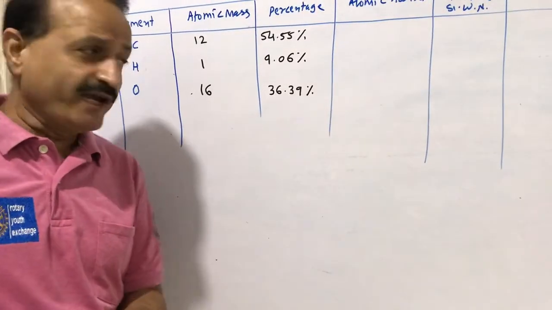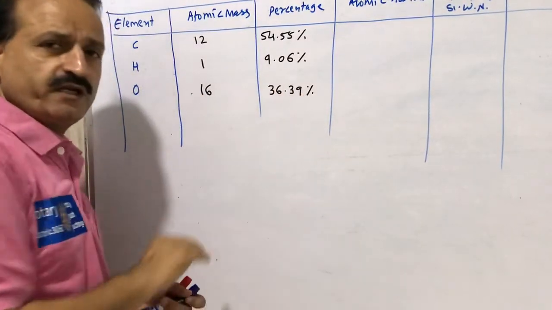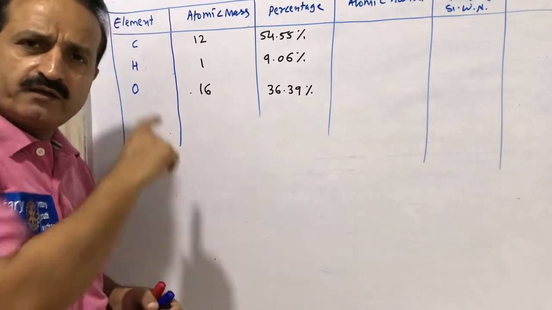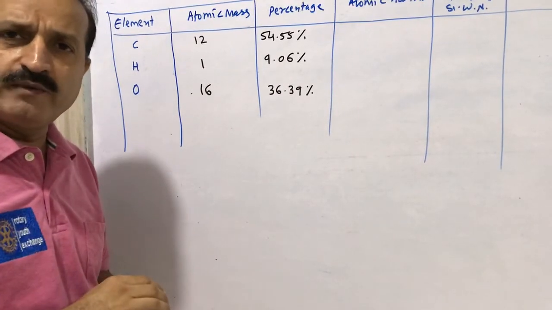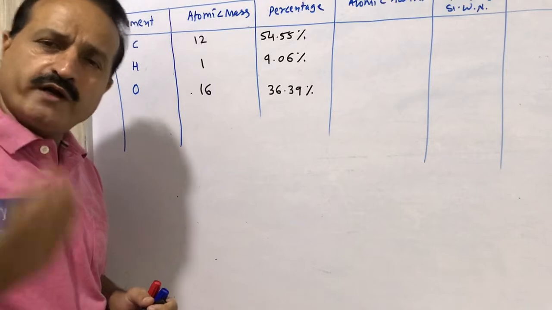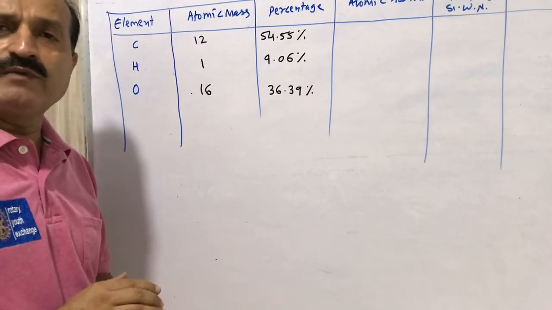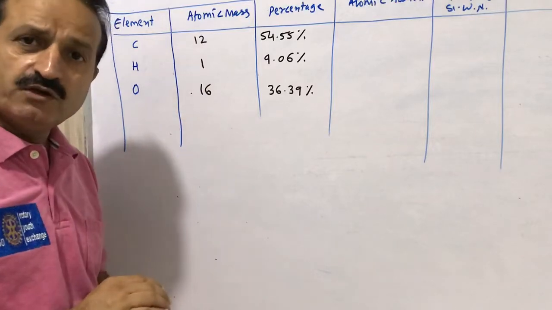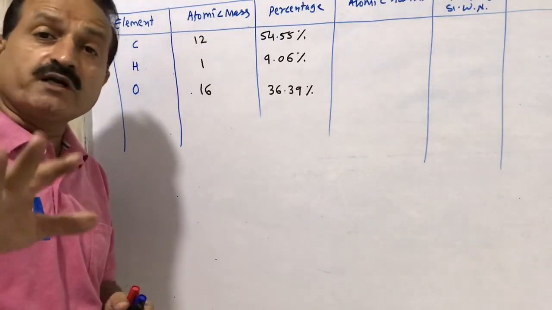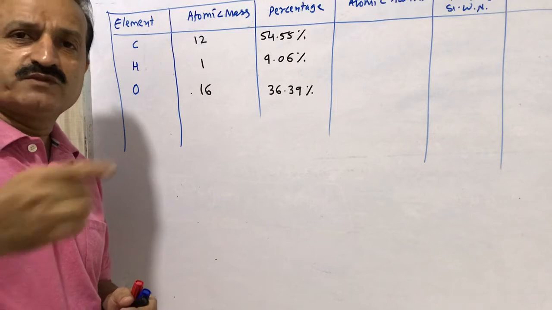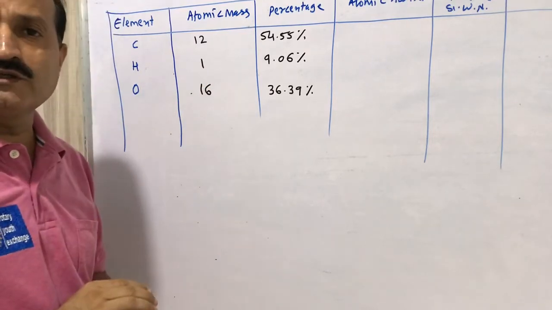So you can fill this table very easily. You are given the name of the element, so write down its symbol. You already know the atomic mass, so write it down. The percentage is already given.